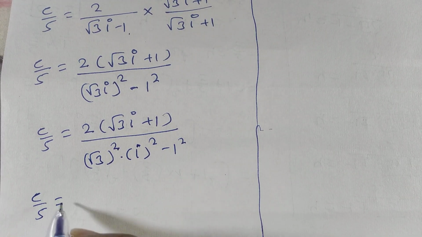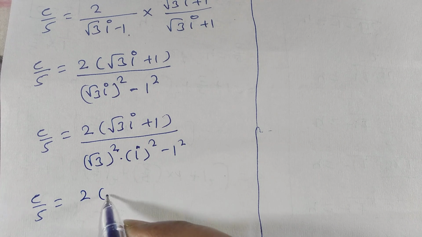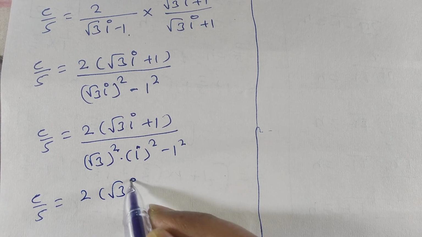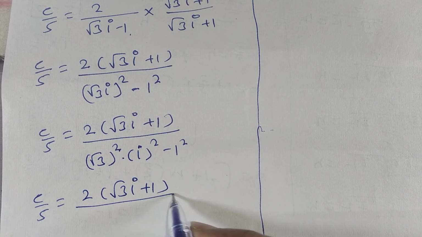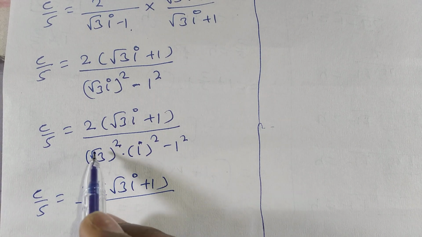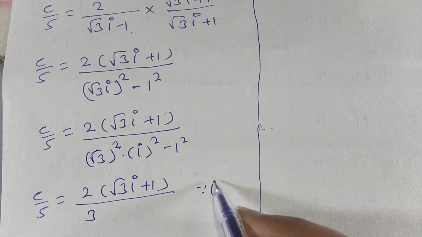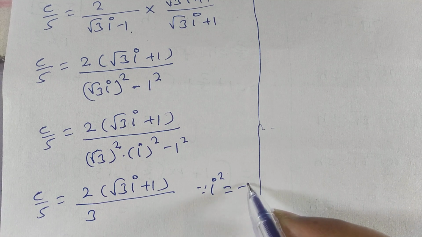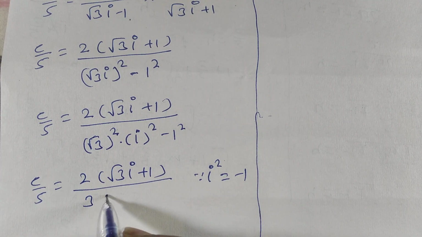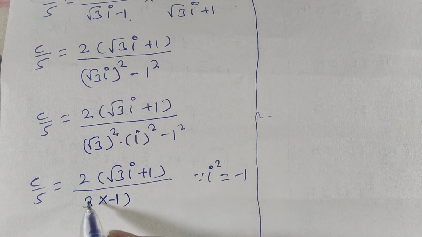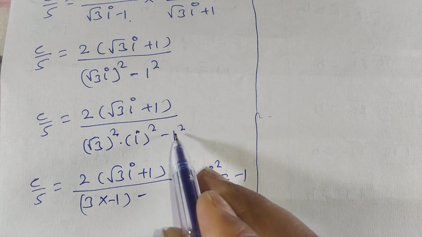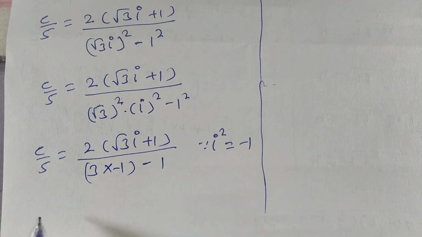C over 5 is equal to 2 times square root of 3 iota plus 1 over this square, and this square root will be removed. 3 into iota square, iota square is equal to minus 1, into minus 1. Minus 1 square is 1.